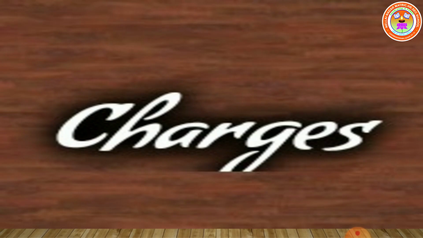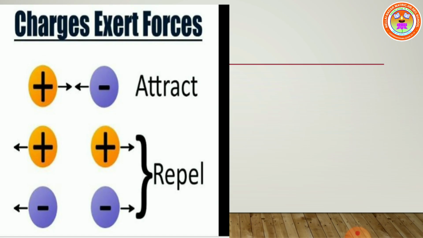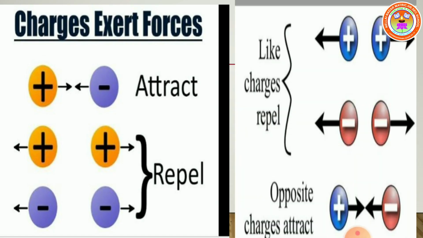Next, we are going to see charges. What is charge? Charge or electric charge is the basic property of matter that causes the object to attract or repel. We know, children, like charges repel, unlike charges attract.